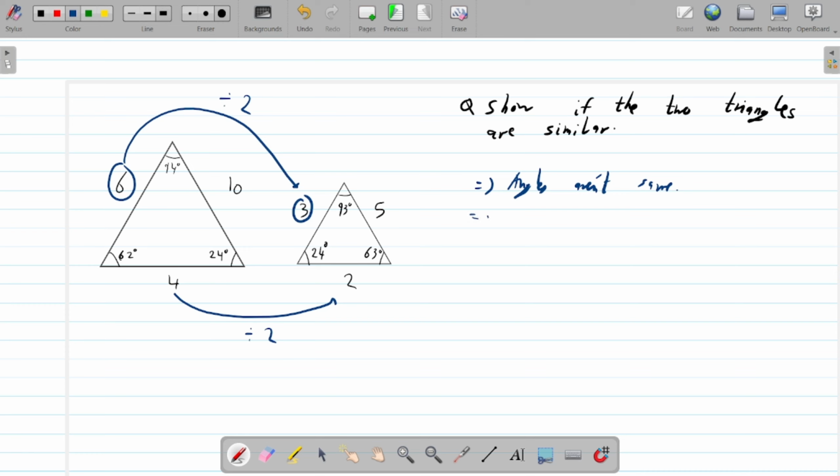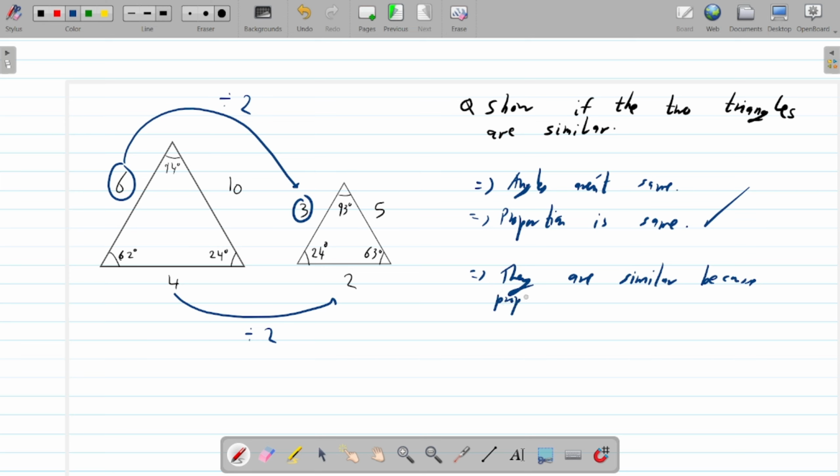So proportion is same. So we're going to say they are similar because we're going to prove this.